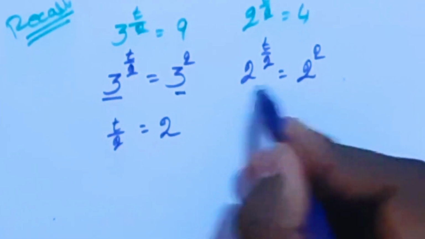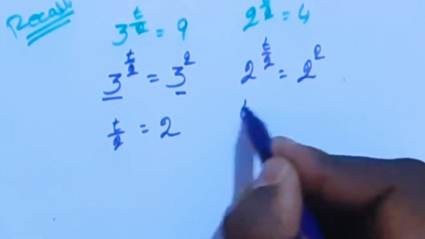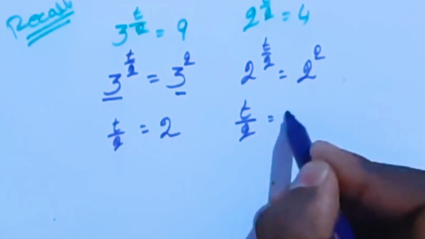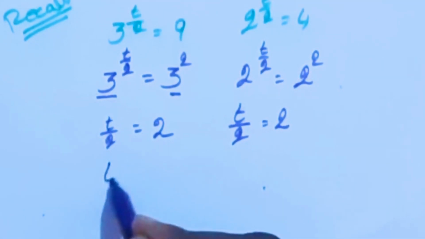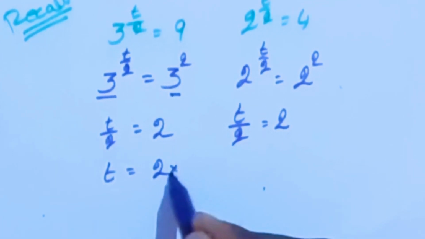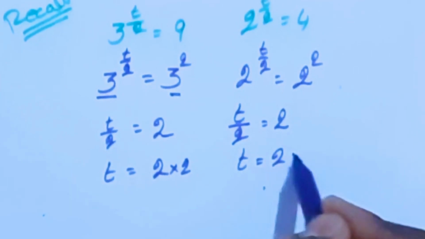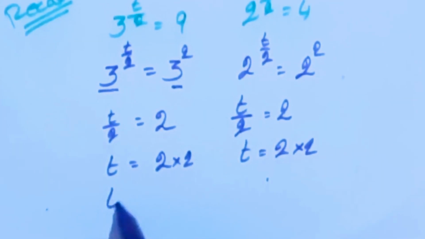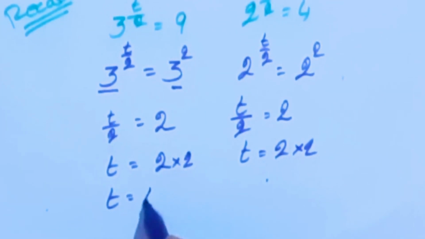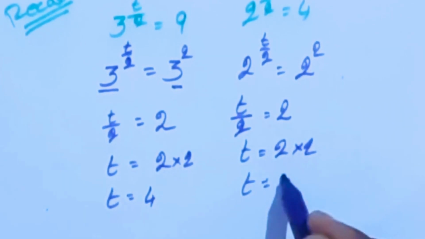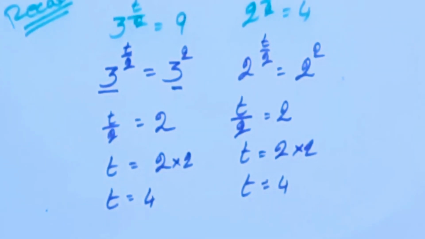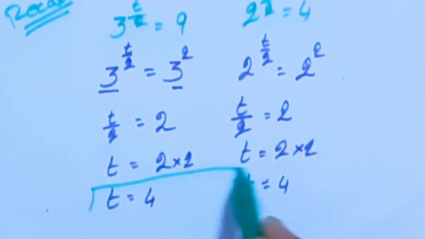Same way here, bases are the same, powers should be the same. So t by 2 equal to 2, so t equal to 2 times 2. This is t equal to 4 here, t equal to 4 here. This is the solution in case 2.